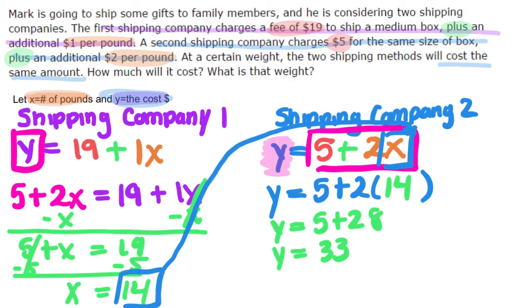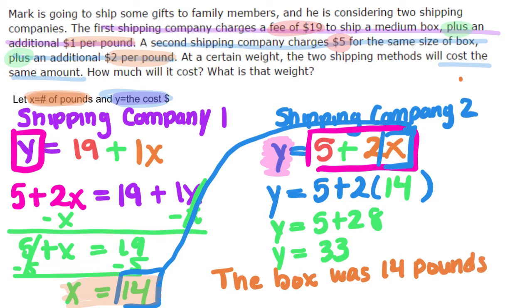Now using this information, we can put this back in context. This means that since we have that x is 14, and we know that x is the number of pounds, we can say that the box was 14 pounds, and we also know that the cost is that value of y, which we have is 33.